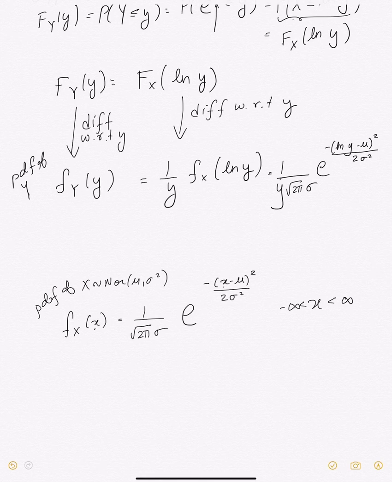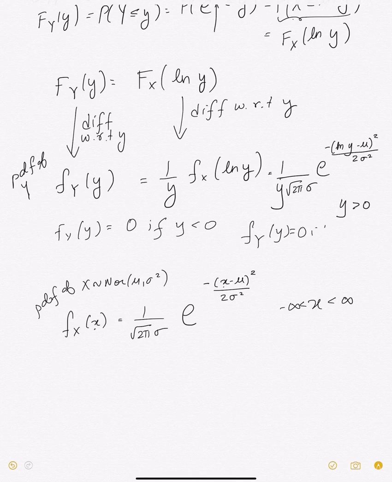Okay, and this is when y is bigger than 0, and you know that because little f sub Y of y is 0 if y is less than or equal to 0.